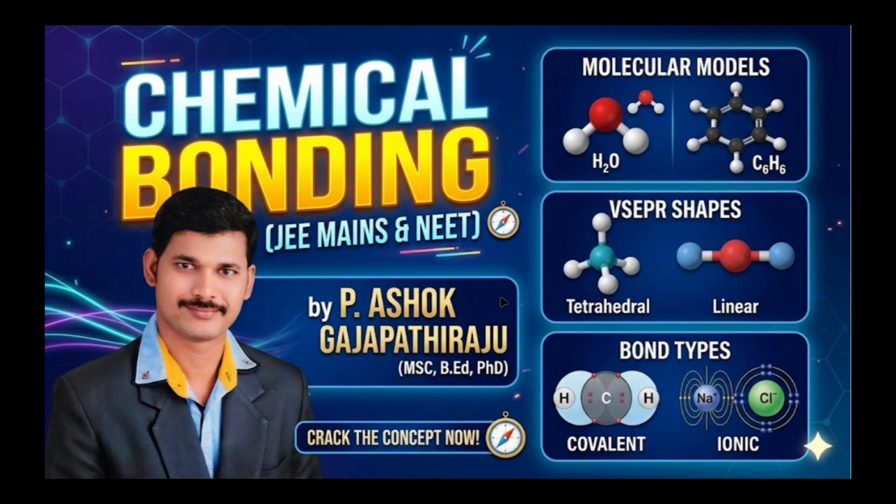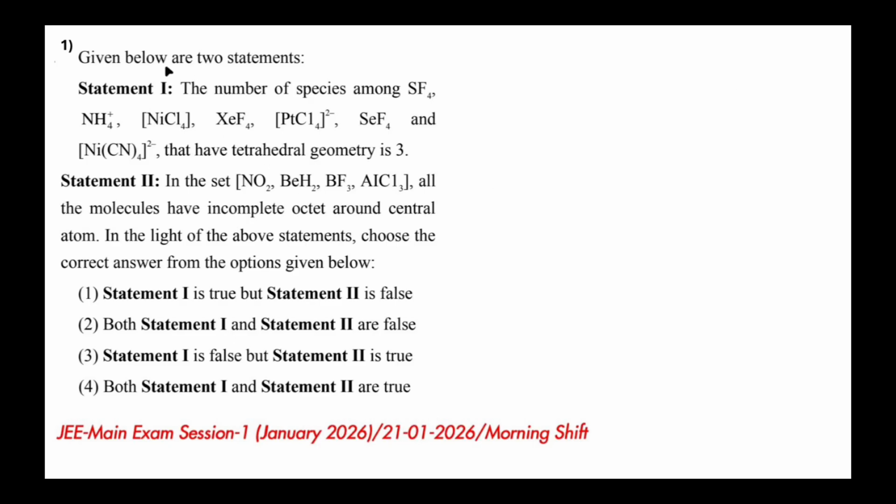Today I am explaining Chemical Bonding chapter, 2026 January session JEE Mains questions. The question is: given below are two statements. Statement 1: the number of species among SF4, NH4+, NiCl4 2-, XeF4, PtCl4 2-, SeF4 and Ni(CN)4 2- that have tetrahedral geometry is 3.